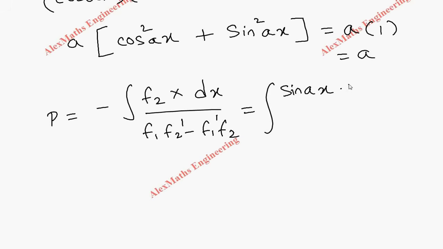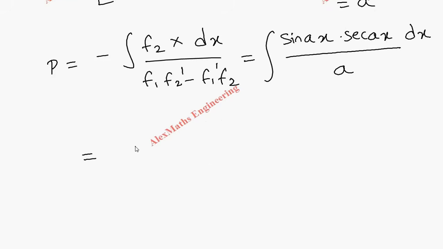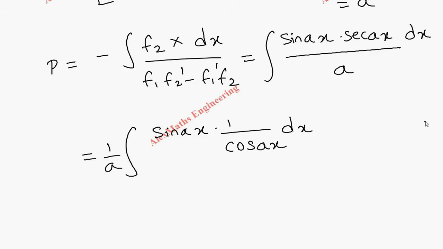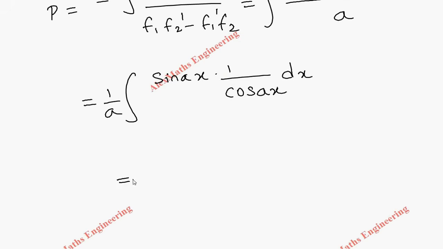So into secant ax into dx whole divided by a. Now secant can be written as 1 by cos, before that 1 by a constant is taken out. So sin ax into 1 by cos ax into dx, which is tan ax. So 1 by a integral tan ax dx.